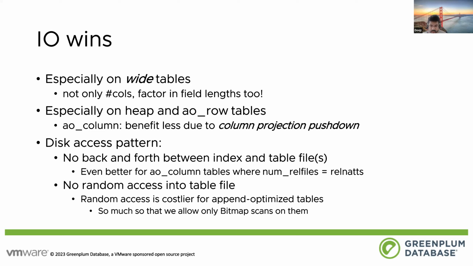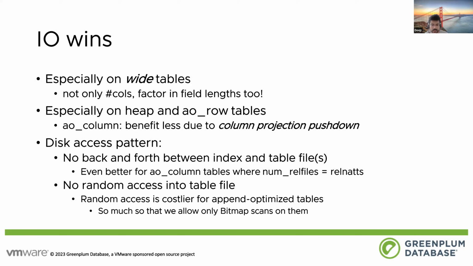But again, if you're doing a very highly selective query, then even for an AO column table it would be beneficial, because the column projection pushdown does not involve the filtering, so you get the benefit of the index to do the filtering that you will not get from the column projection pushdown, right?